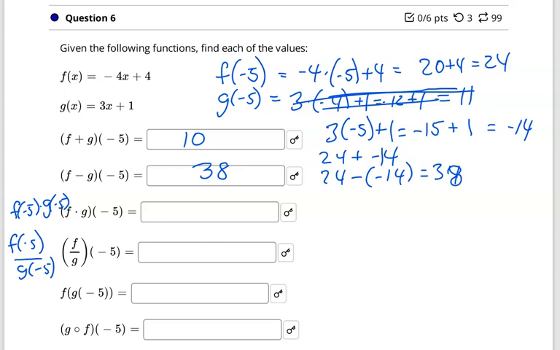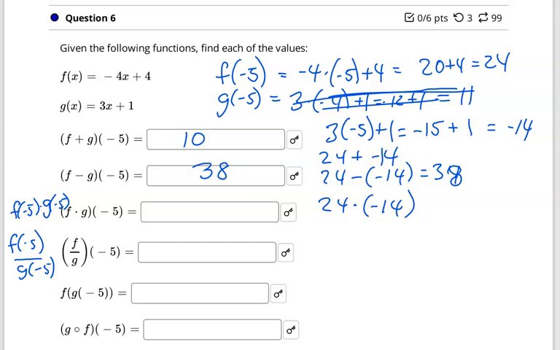F times g of negative 5 is 24 times negative 14. Now you can use your calculator, or you see that that is 24 times 10, 240, plus 24 times 4, which is 96. So 240 plus 96 is 336.